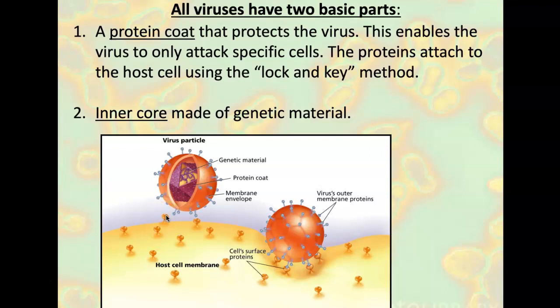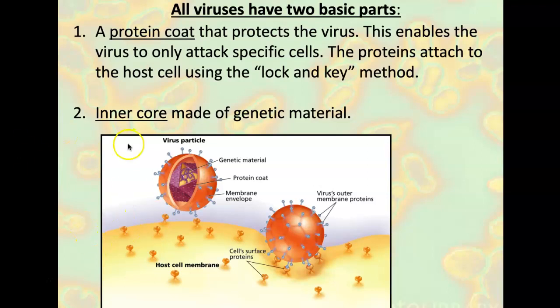And if it does not have the right key, if it does not have the right proteins, then it's not going to be able to attach to it. And that's why people don't get diseases like the tobacco mosaic virus, because tobacco mosaic virus is only going to have the proteins that can attach to the cells on the tobacco plants.